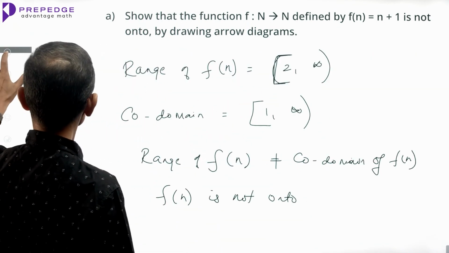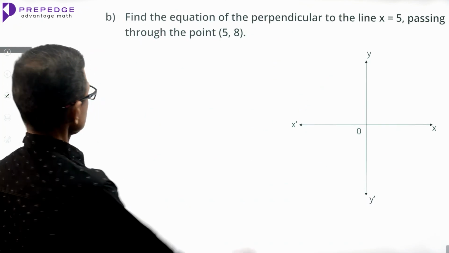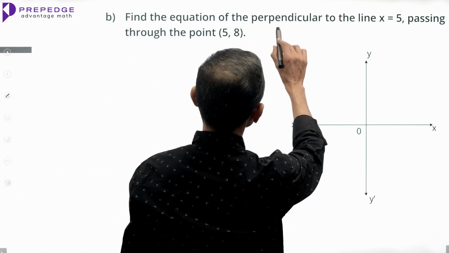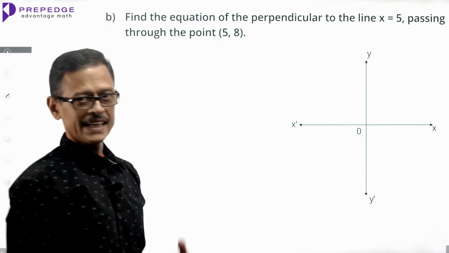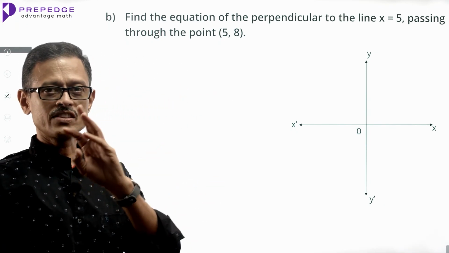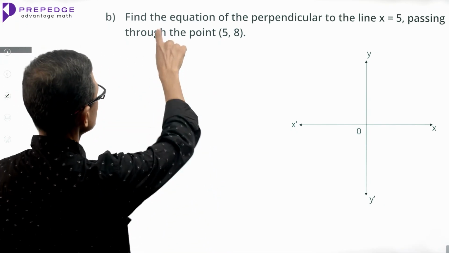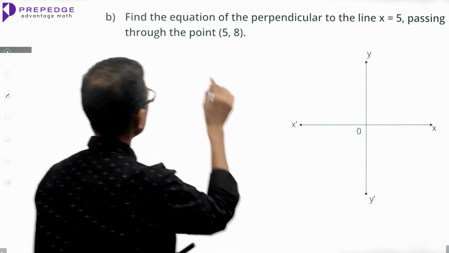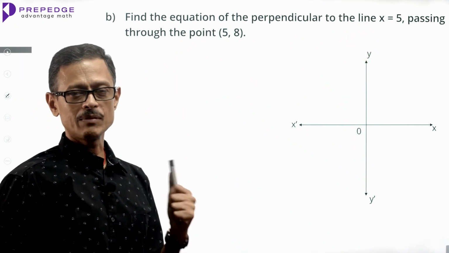Moving on to the second part. This is a coordinate geometry question. Find the equation of the line perpendicular to the line x is equal to 5 and passing through the point 5, 8.